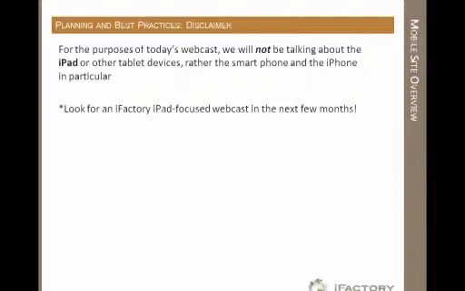And so many of the things that we're going to show you look great on an iPhone, don't look as hot on a BlackBerry. So we will really be focusing mostly on the iPhone today. We will be talking about iPads in the next few months, so stay tuned for a follow-up email at some point announcing that webinar.